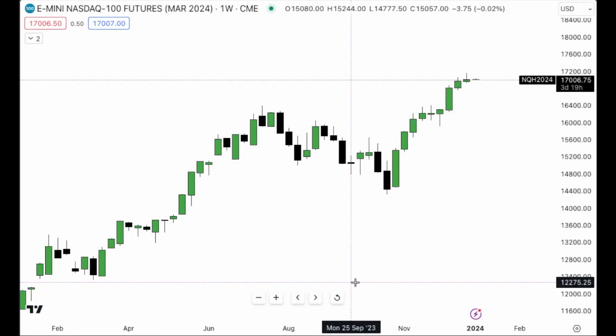All right, so what is an imbalance? In short, an imbalance is a lopsided price movement. What I mean by a lopsided price movement is that inside a specific range, price was leaning, whether it was towards the buyers or sellers, in such a lopsided fashion that it's creating an imbalance in price.